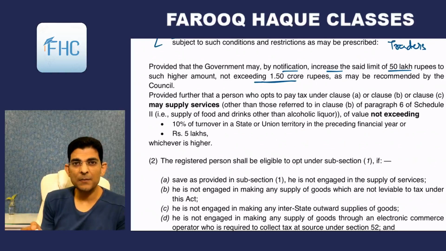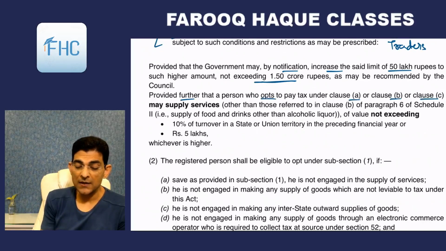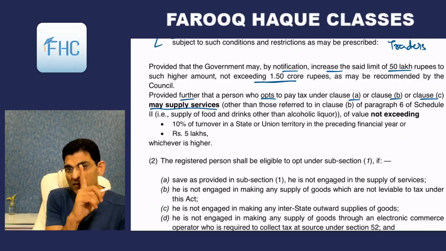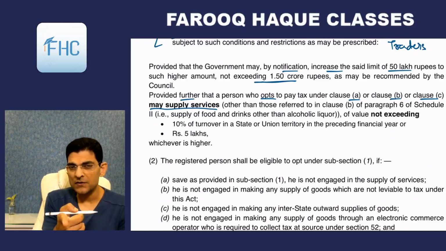So the government can increase the limit from 50 lakhs to 1.5 crores on recommendation of the council. Provided further that a person who opts to pay tax under clause A or B or C may supply services also. Because normally till 2018, or you can say up to 19, this section was only for goods, and only one service was covered, and that was restaurant service.